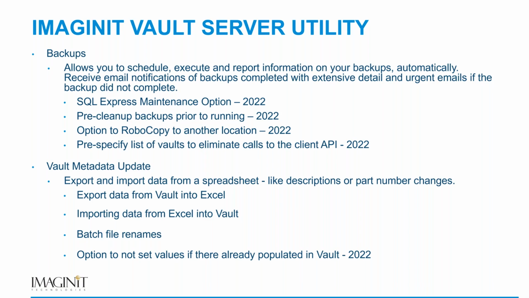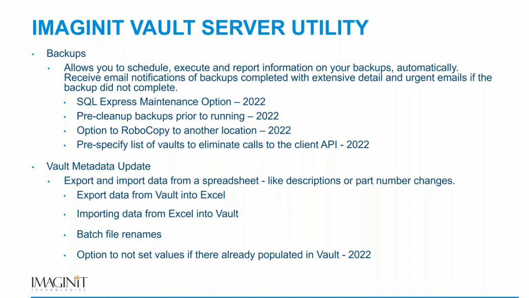The next one down, pre-specify a list of vaults to eliminate calls to the client API. So when we're doing certain tasks on the server, like SQL defrags, we would have to use a license of the vault client to get what vaults exist.